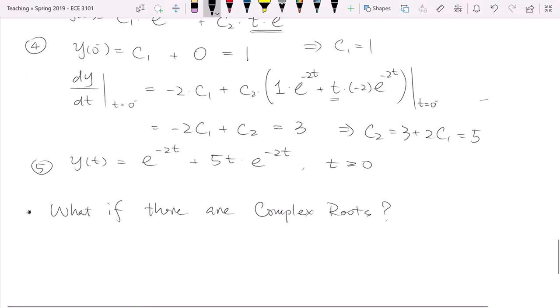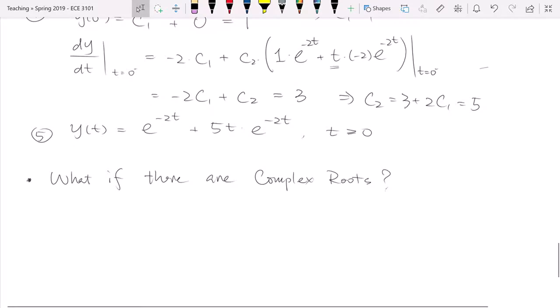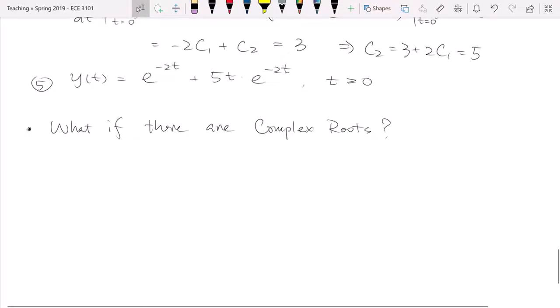Now let's assume the complex roots are not repeated in this case, but when you have complex roots, from your algebra knowledge, you should know that if one root is complex, alpha plus j beta, for instance, its complex conjugate also must appear as a root to the same equation.